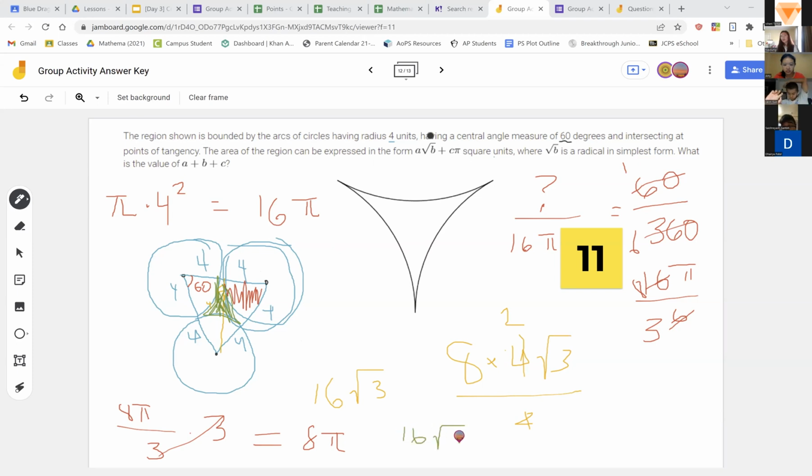That is not the answer, because the question tells us to find our answer in this form and then add the values A, B, and C. So 16 is our A value, plus 3 is the B, and C is actually -8. So you get 11 as your final answer.